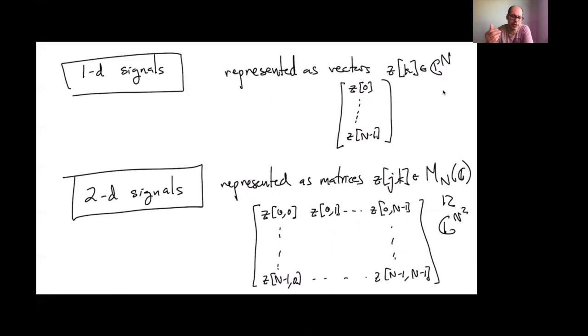Although we often think of a matrix in terms of matrix algebra and multiplication, we're really thinking of it in this context as simply a convenient way of representing a two-dimensional array of data, so that the jkth coordinate of the matrix represents the signal at x value j and y value k. And so this is really just another way of representing the vector space, which is an n-squared dimensional vector space.